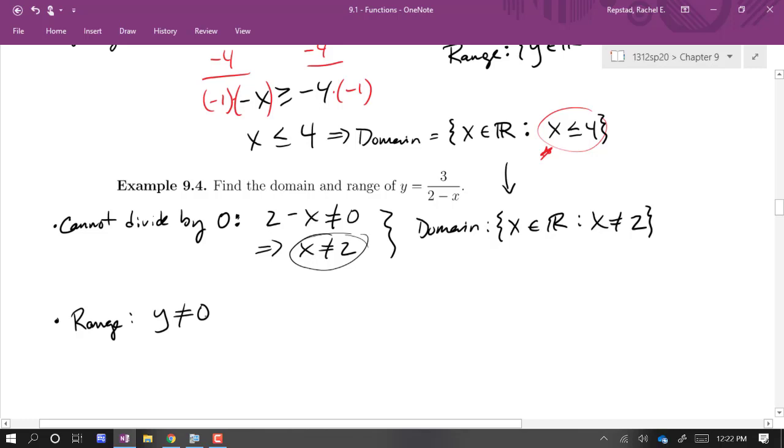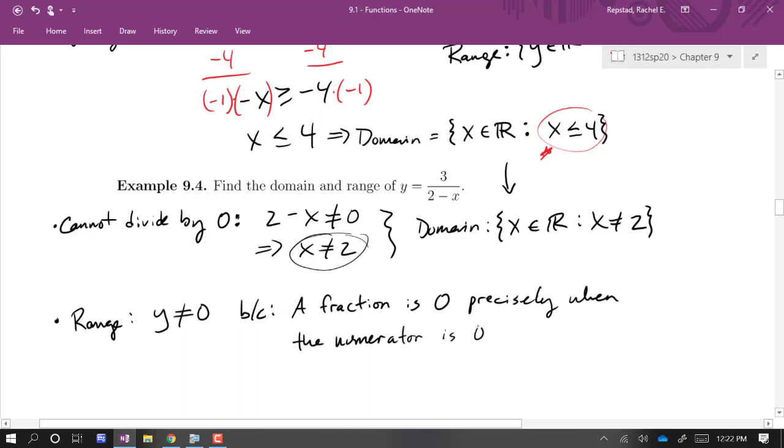And the reason I know that is because a fraction is 0 precisely when the numerator is 0. And, of course, 3 is never equal to 0. So 0 is impossible to get as an output.